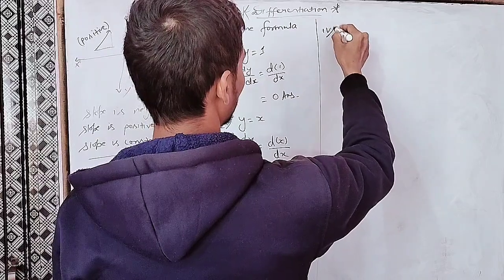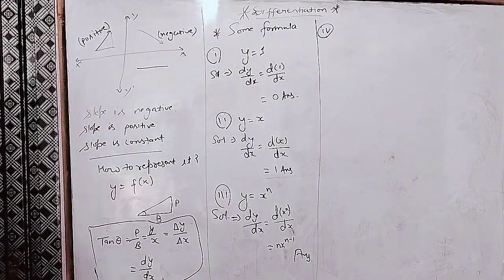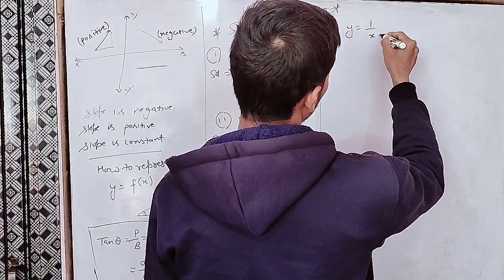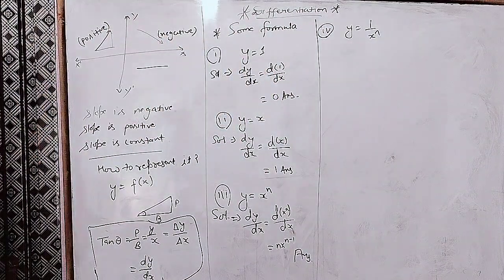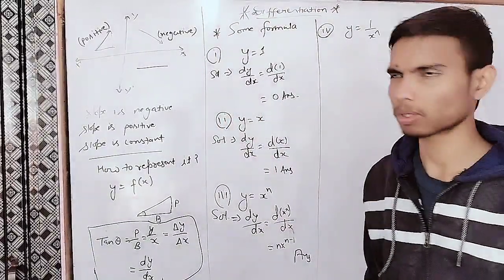Okay, moving on. Now we have y is equal to 1 by x raised to the power n. It is also simple.